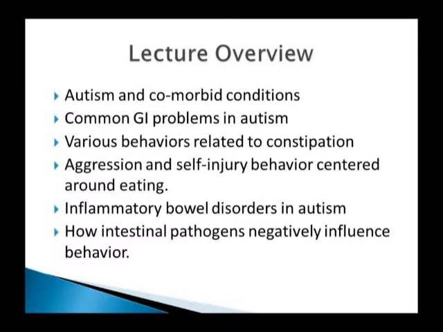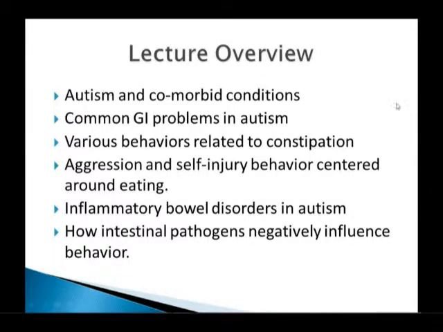So a lecture overview is to discuss briefly autism and the comorbid conditions, which is actually becoming more well recognized in traditional medicine. Then talk about common GI problems, various behaviors related to constipation. I'll go through a few case studies and case examples of different behavioral problems associated with GI issues.